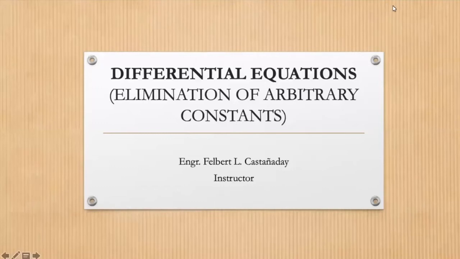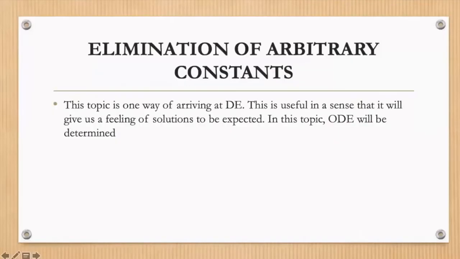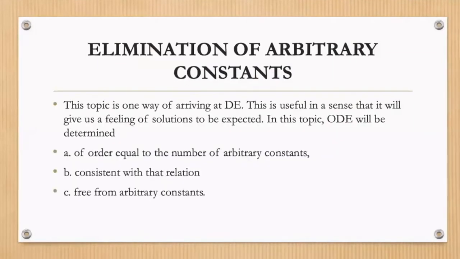This video is about elimination of arbitrary constants, a useful method in obtaining a differential equation. So one major rule for us to be able to arrive at a differential equation is, we should differentiate the given solution or the given equation or relation as many times depending on the number of arbitrary constants present in the equation.